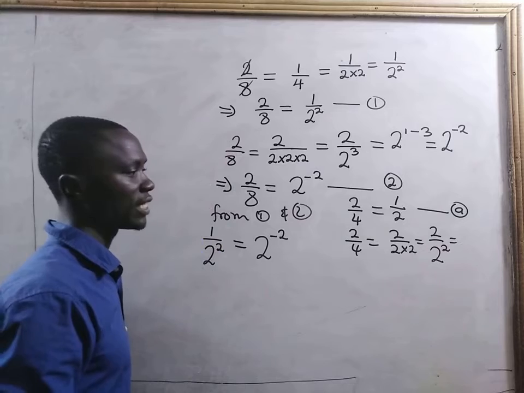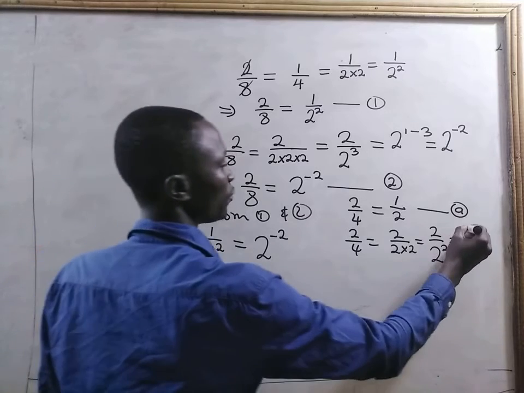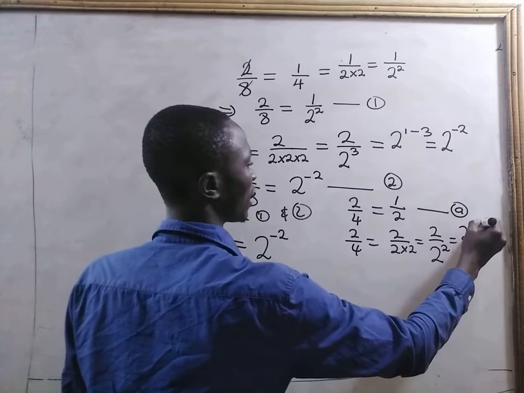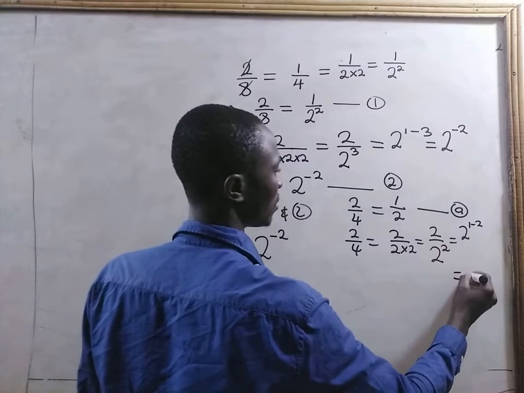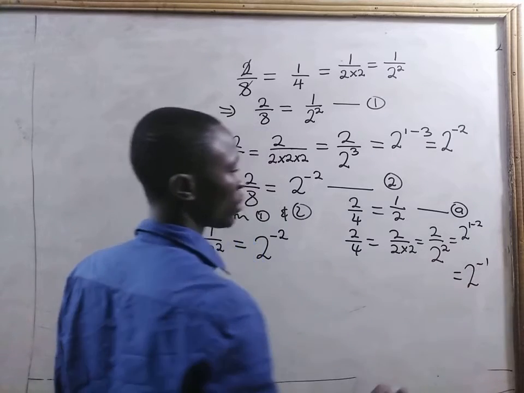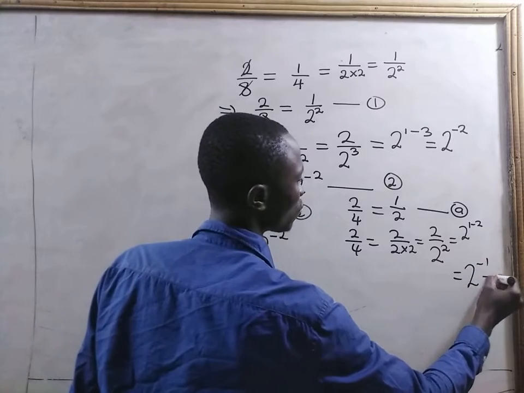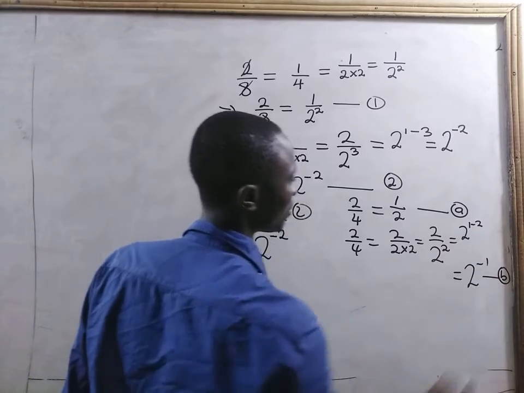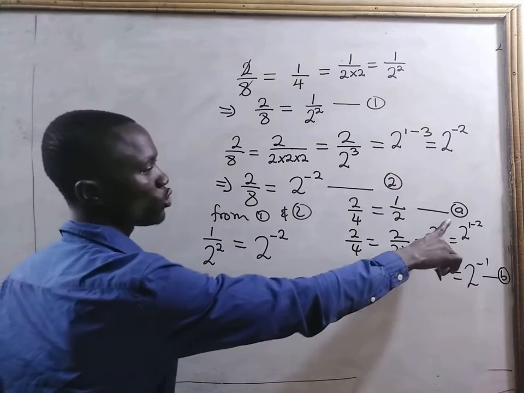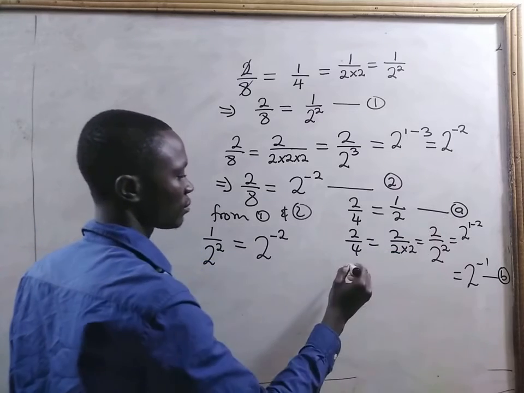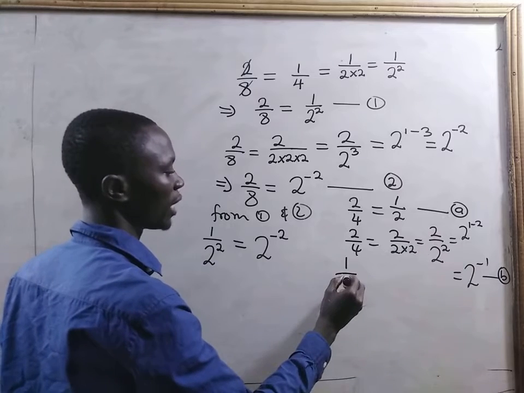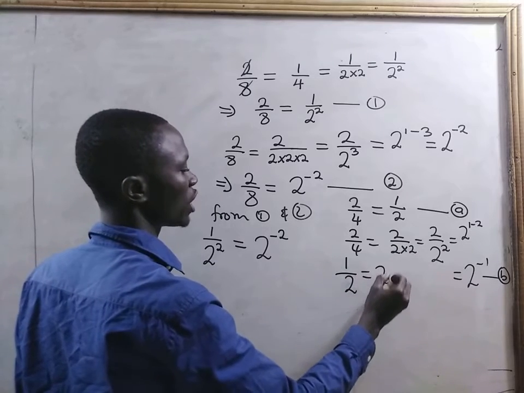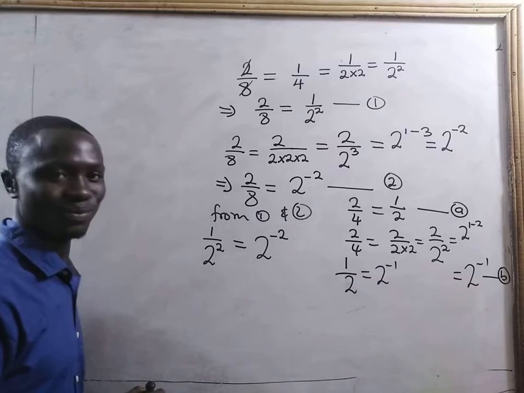And from the quotient of powers rule, we are going to have 2 exponent 1 minus 2, and that will give us 2 exponent negative 1. If we name this one as equation B, then from equation A and B, 1 divided by 2 is equal to 2 exponent negative 1.